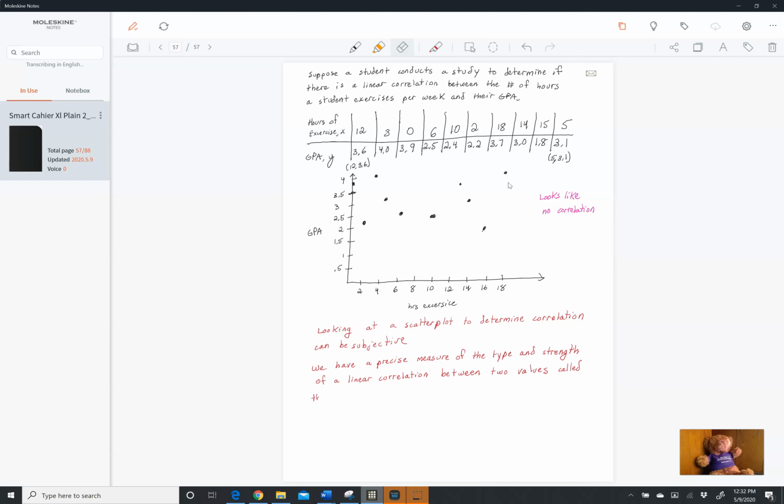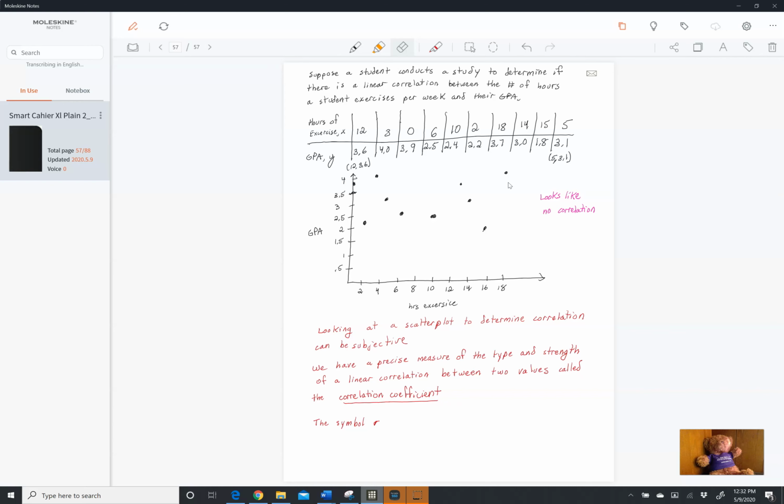We call it the correlation coefficient. Okay, so it gives us an actual number, R. I'm doing this as handwritten, but it's an R, usually italicized.